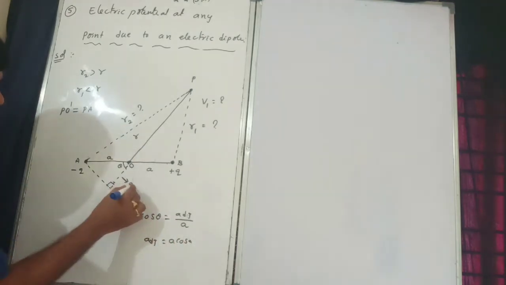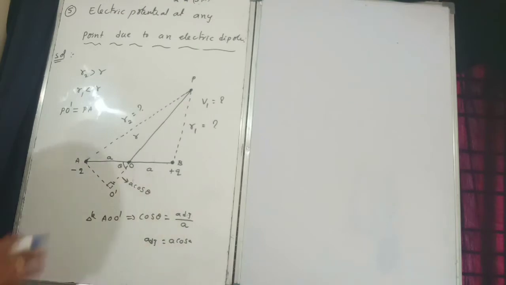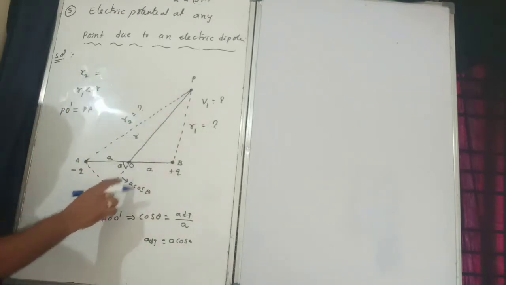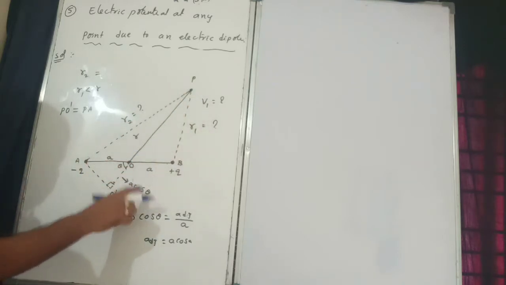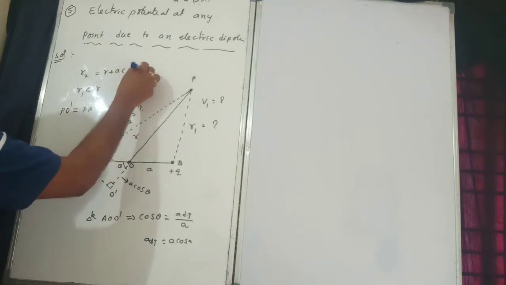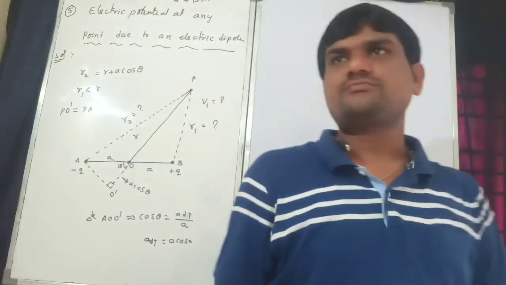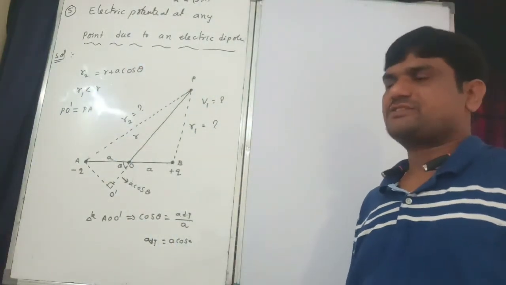So I got this is A cos theta. Therefore R2 is equal to how much will come? R2 is equal to here to here R, here to here A cos theta. Therefore R plus A cos theta. Are you clear everybody? R2 I got.